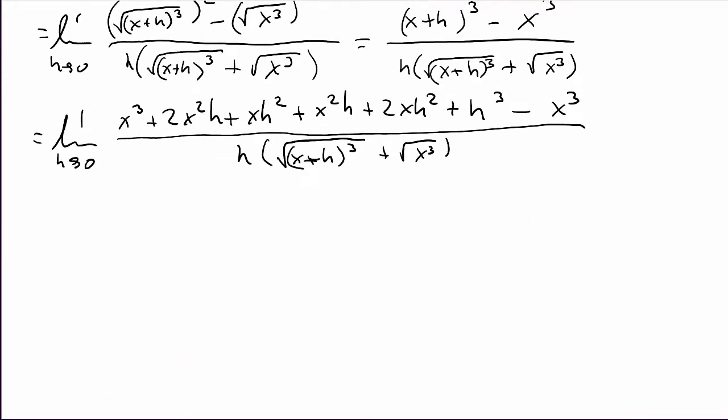It looks like the x cubes are the only ones that cancel out. So that's the limit as h goes to 0. There's an x squared h and another x squared h, so that's 3x squared h.